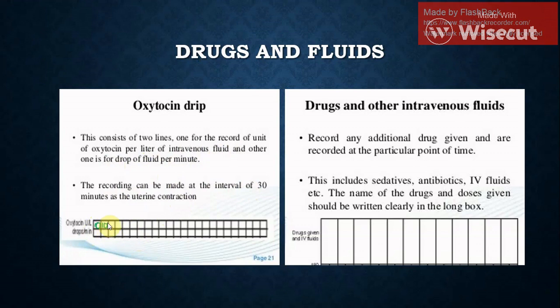Suppose we change the dose to 20 units of oxytocin, we will mention it as 20, and then on the second line it is drops per minute. So if we are administering 5 drops per minute, we will represent it with a 5. If we are administering 10 drops per minute, we will represent it with a 10, right?